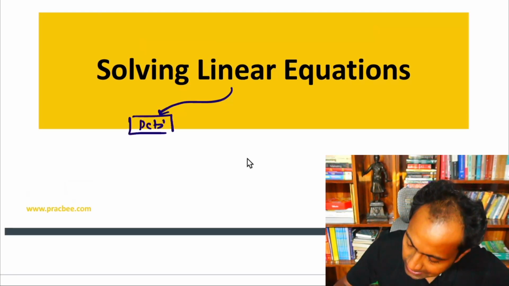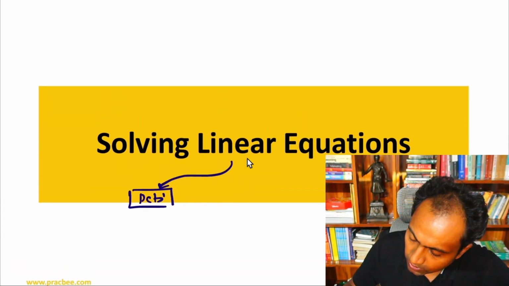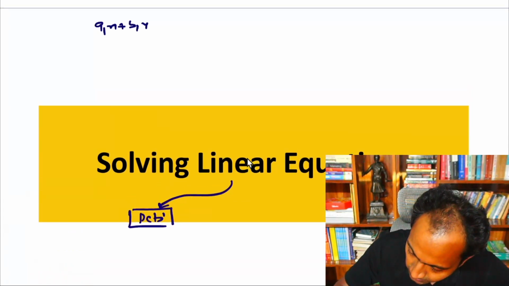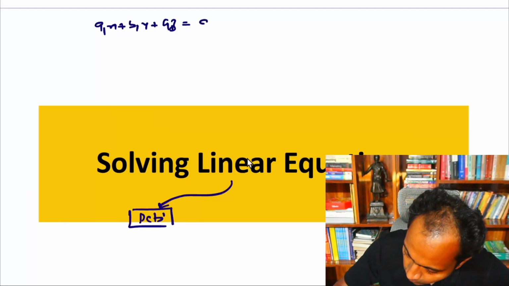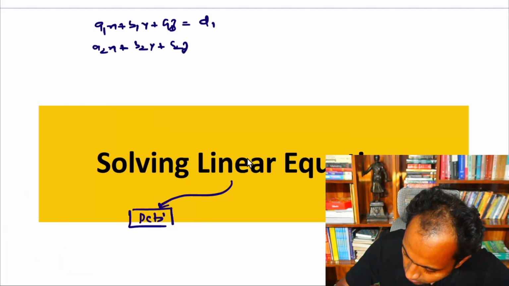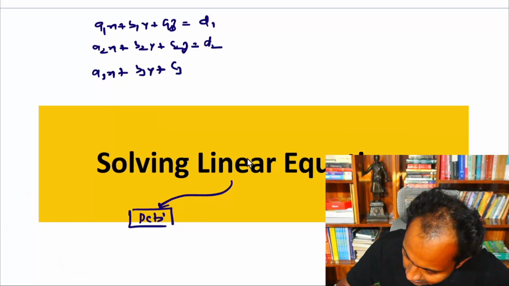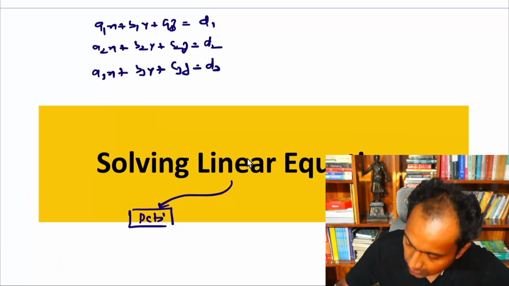So let us say that we have been given a set of equations that look like this: a1x plus b1y plus c1z is equal to d1, a2x plus b2y plus c2z is equal to d2, and a3x plus b3y plus c3z is equal to d3.